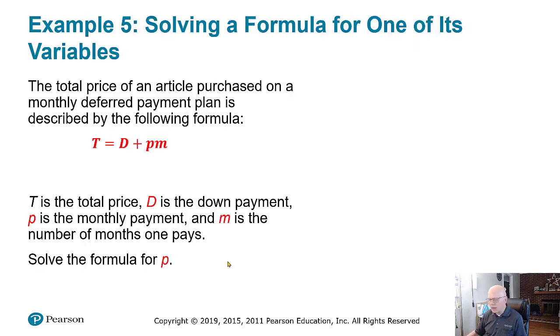Here's another one to try. So that T equals D plus PM, and we're going to solve that for P. So here's our original equation.